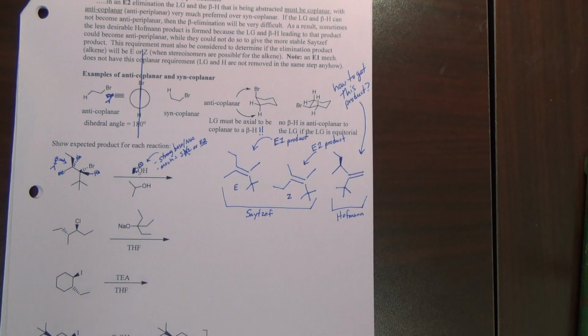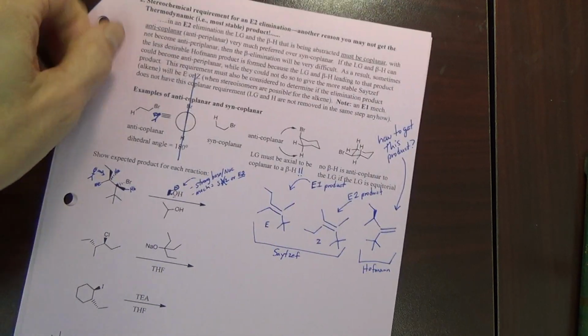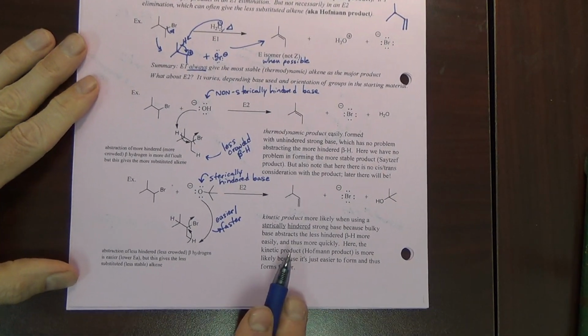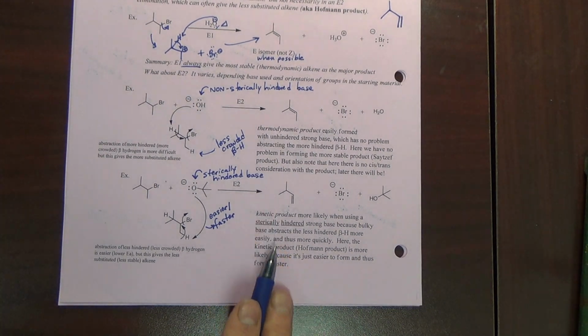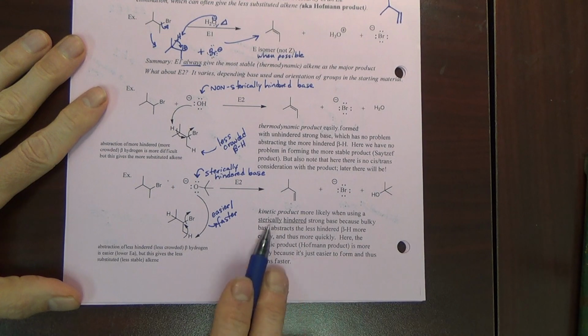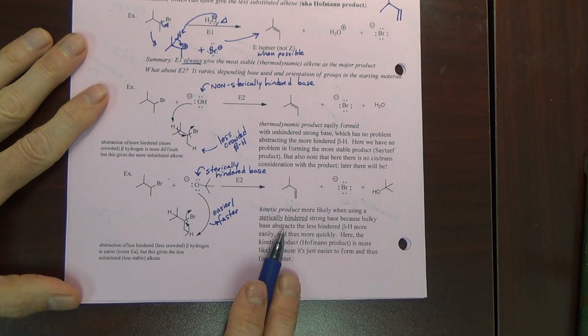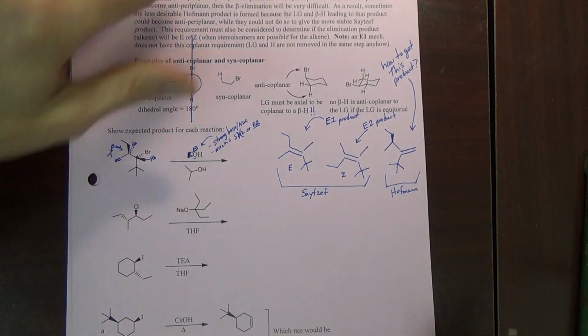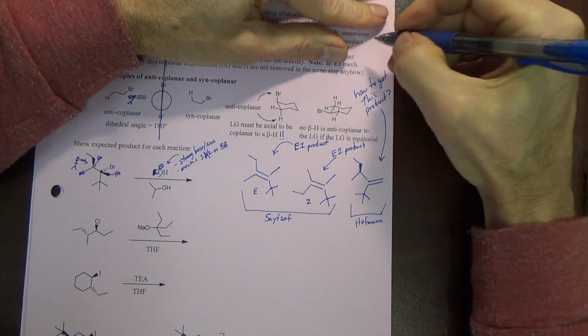When would the Hofmann product ever be favored? Well, remember what we said just over here. The Hofmann product, which is the kinetic product, is more likely when using a sterically hindered strong base. Is hydroxide a sterically hindered strong base? No.